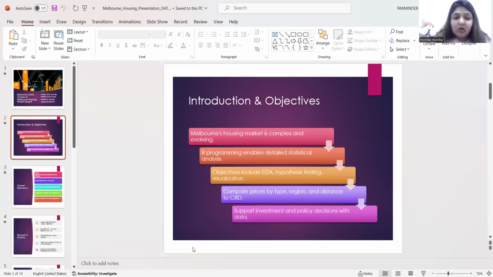The main objectives of this analysis were to explore housing price trends through descriptive statistics and visualization, compare mean price across property types using a t-test, evaluate price differences across regions using ANOVA, and examine the relationship between price and distance to the CBD. Ultimately, the goal is to support evidence-based decision making in real estate.